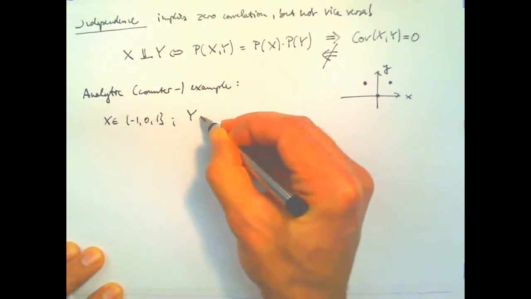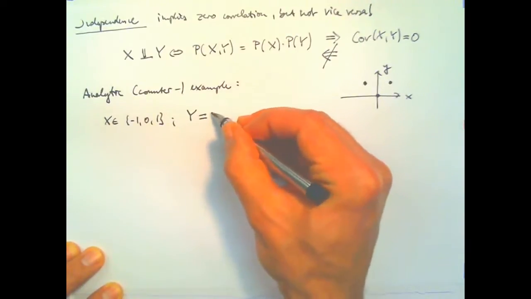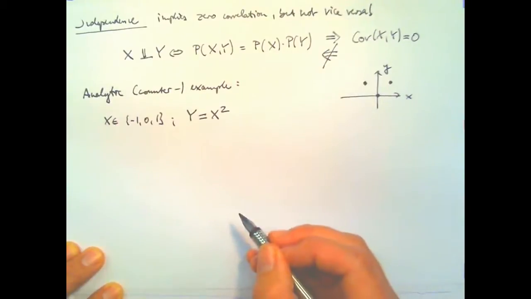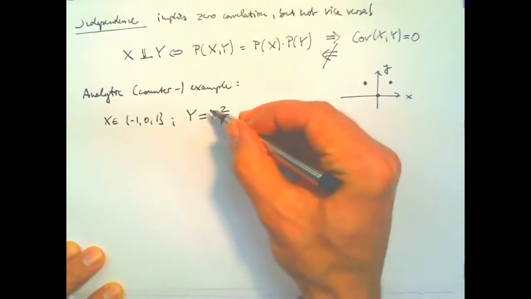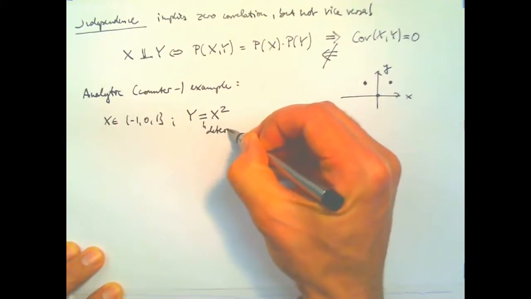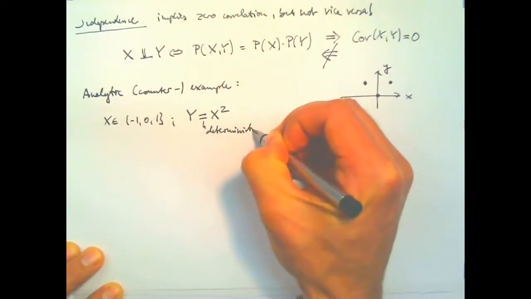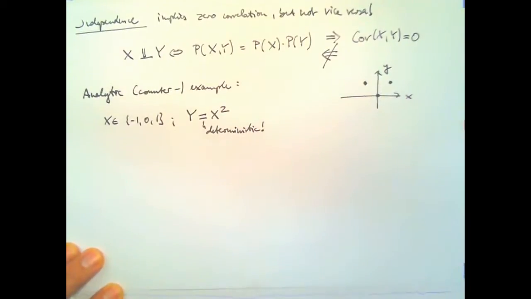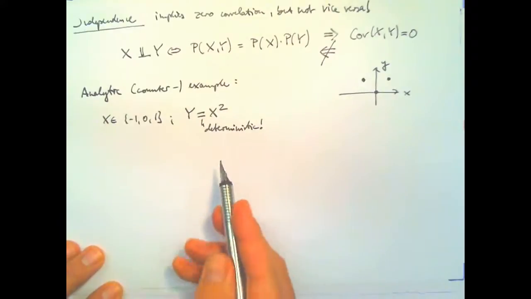So y is simply x squared. So there can be no talking about y being independent of x. It is a direct deterministic function of x.